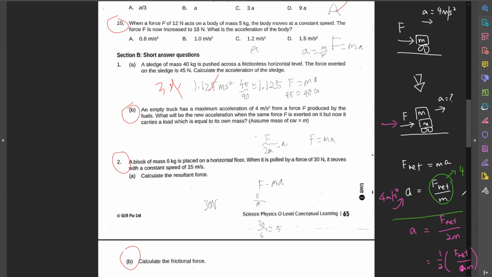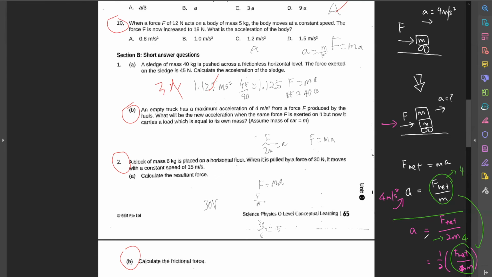And you see the same thing here. Why have half then bracket F net over m? Because of this line.